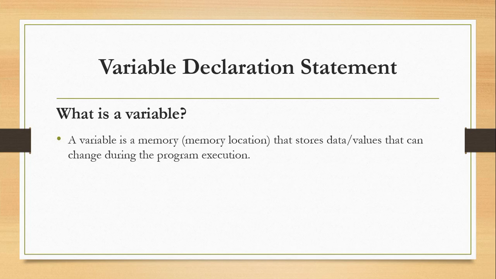For the computer to carry out instructions, it simply goes to that memory where the data are stored to retrieve them for the analysis or manipulation it will use them for. That is what a variable is.